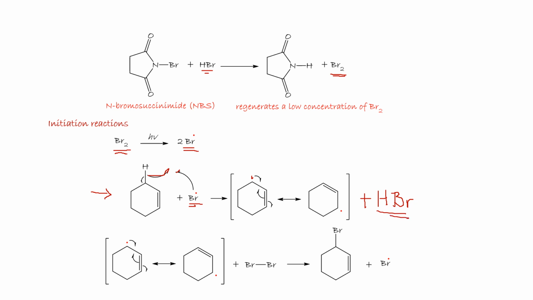This HBr is the one we are using to create Br2. So once we have the allylic radical, which can delocalize on two carbons, it reacts with Br2 again to give the carbon bromine bond and Br radical, the step which we call propagation step. This is the initiation step and these two are the propagation steps.